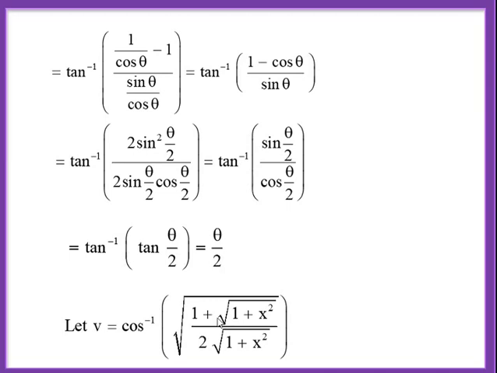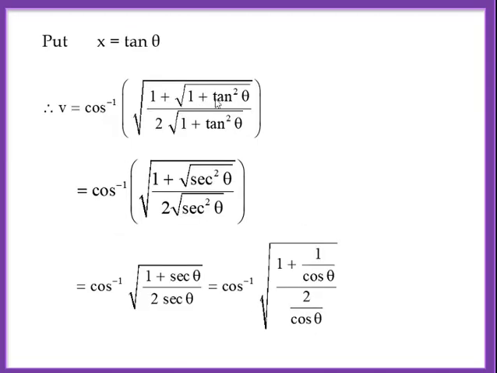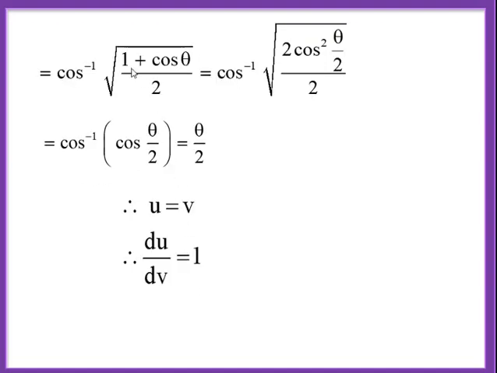Here also the same substitution. So 1 plus tan square is sec square, its root is sec. So it is root of 1 plus sec theta upon 2 sec theta. Sec is 1 by cos. So this becomes root of 1 plus cos theta by 2. 1 plus cos theta is 2 cos square theta by 2. 2 gets cancelled. Root of cos square is cos.